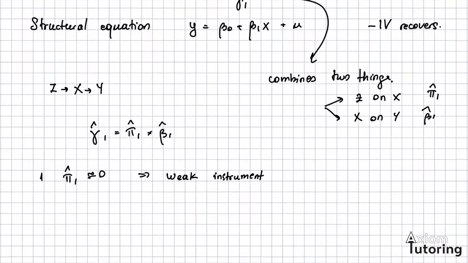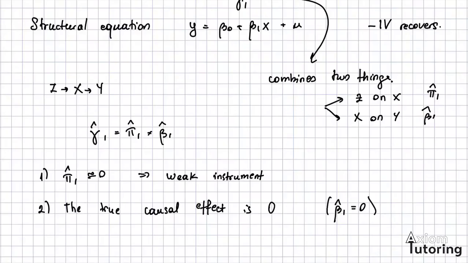And the second thing that it could mean is that the true causal effect is 0, which means your beta 1 hat is 0. The second one is not a problem with the IV, it's just a null result. There's no point in you actually studying these things.